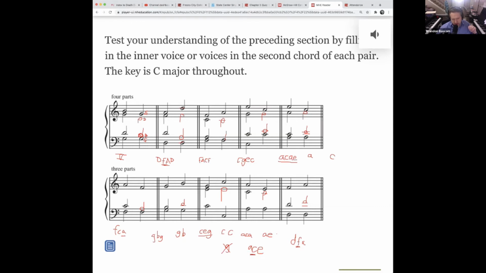Because the tenors don't really read up there. The tenors read in the bass clef with the basses, or they have their own little special clef that looks like this. And it has a little 8 right here, telling them that it's an octave lower. So the tenors aren't used to looking for their note in the treble clef.